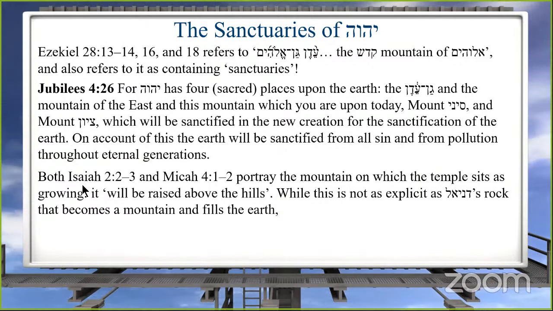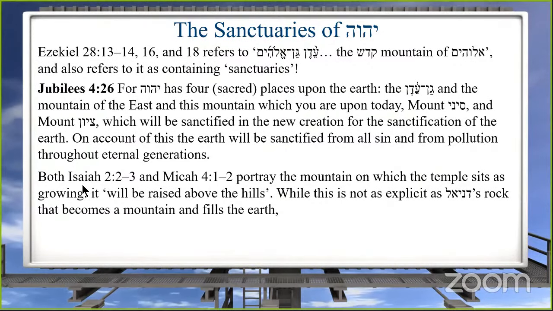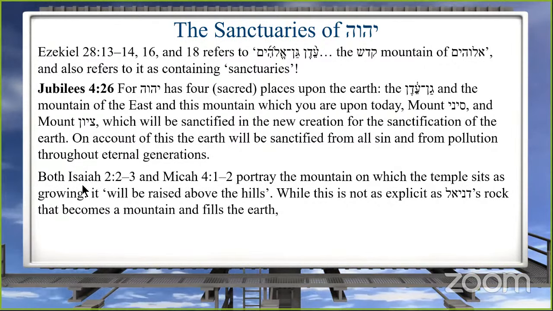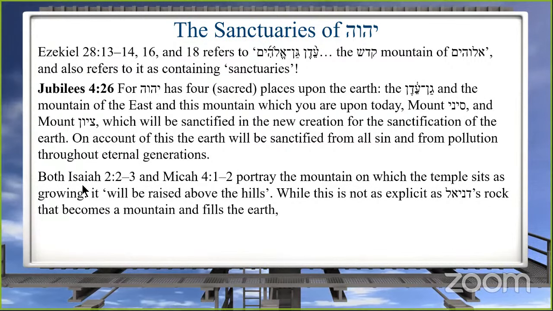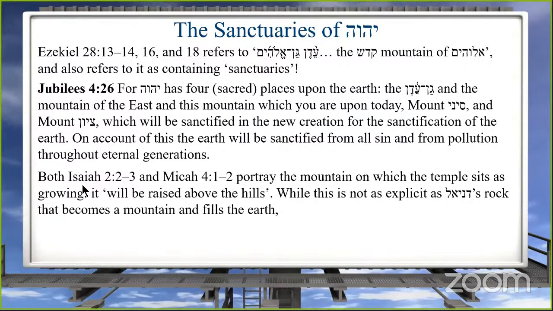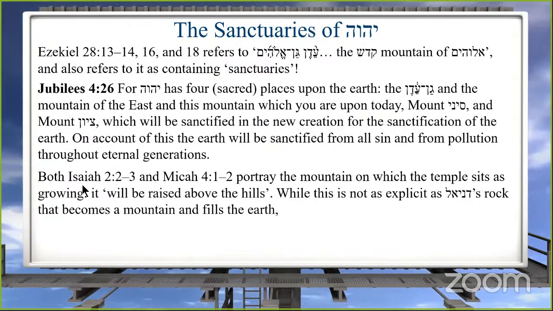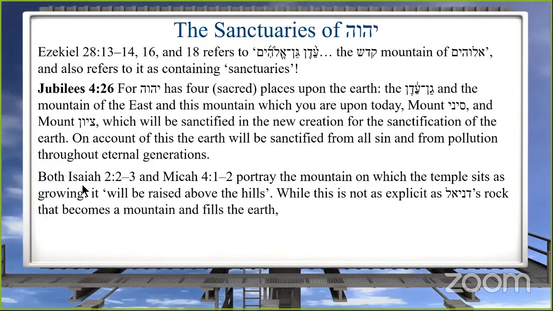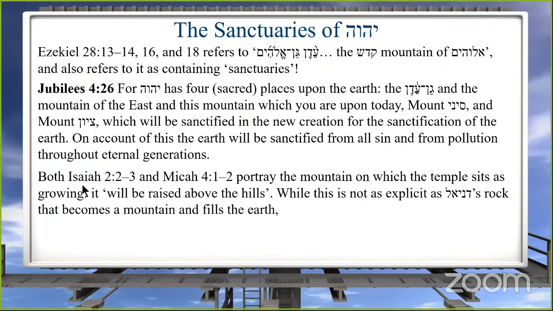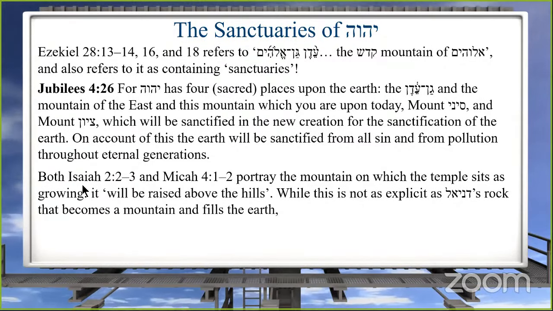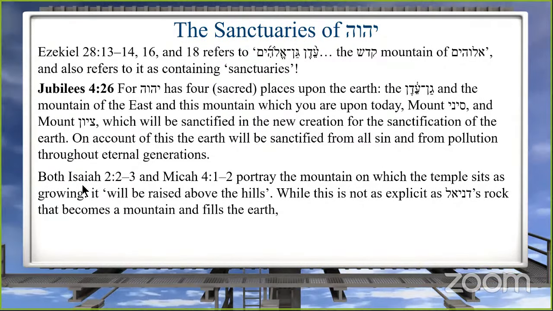On account of this, the earth will be sanctified from all sin and from pollution throughout the eternal generation. Okay, so now why do you think there are plural sanctuaries? Because the Most High had places set up where we can go to worship him, but in all those places he had set up, we defiled them. All right, so he has multiple sanctuaries, multiple mountains.